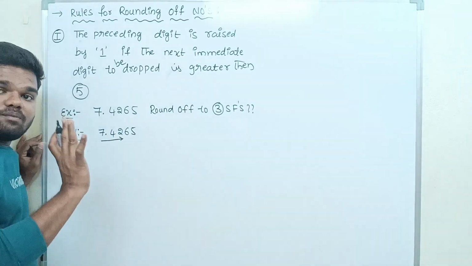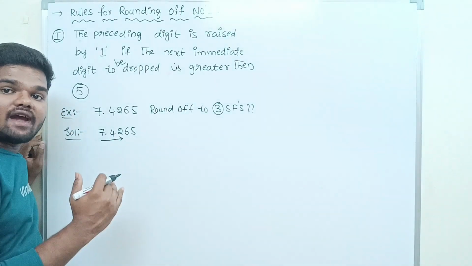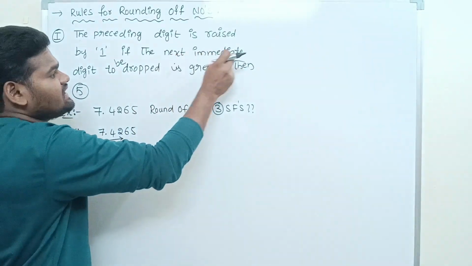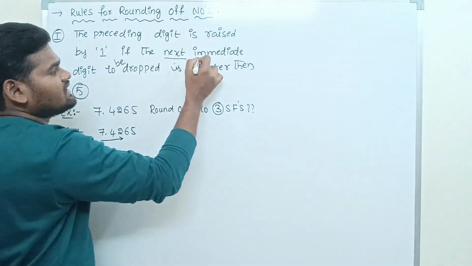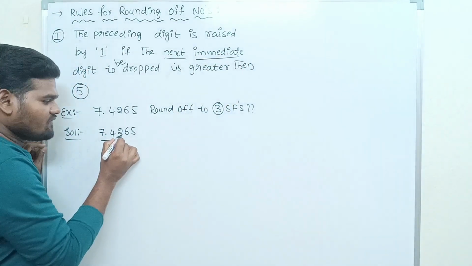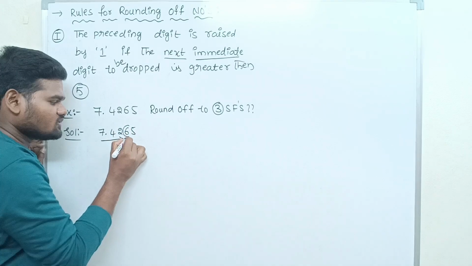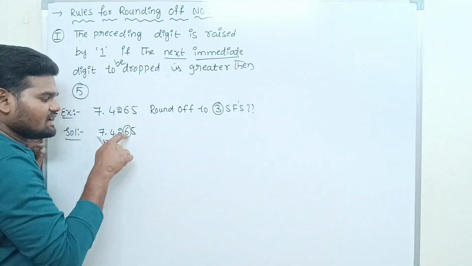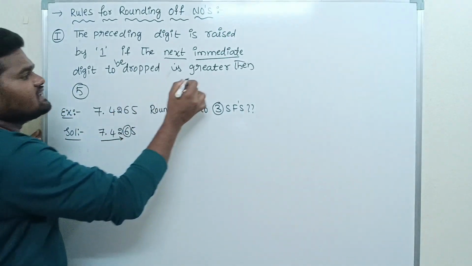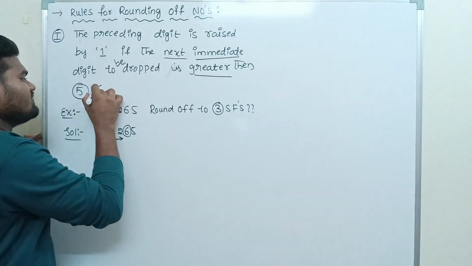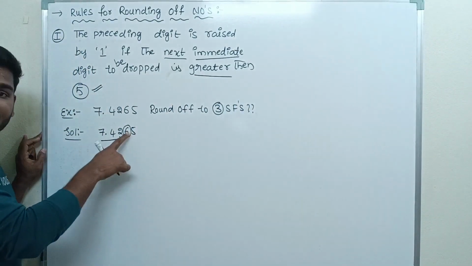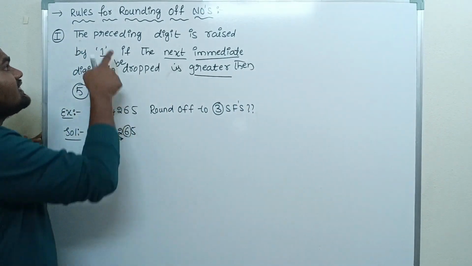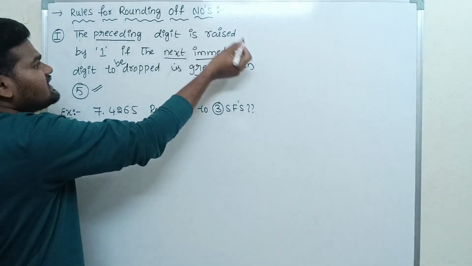Stop there. Before rounding up the number, we have to check the next immediate number. After 2, the next immediate number is 6. If the next immediate number is greater than 5, then the preceding digit is raised by 1.